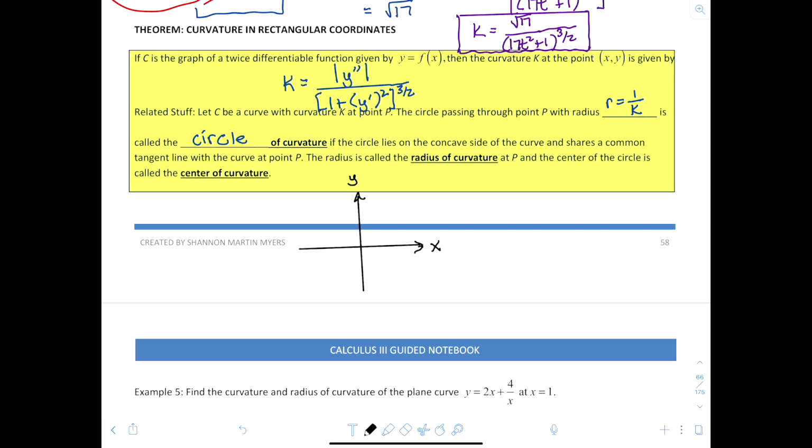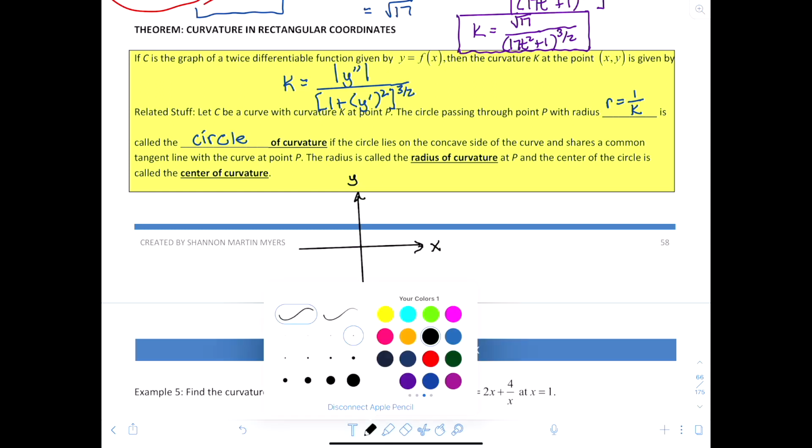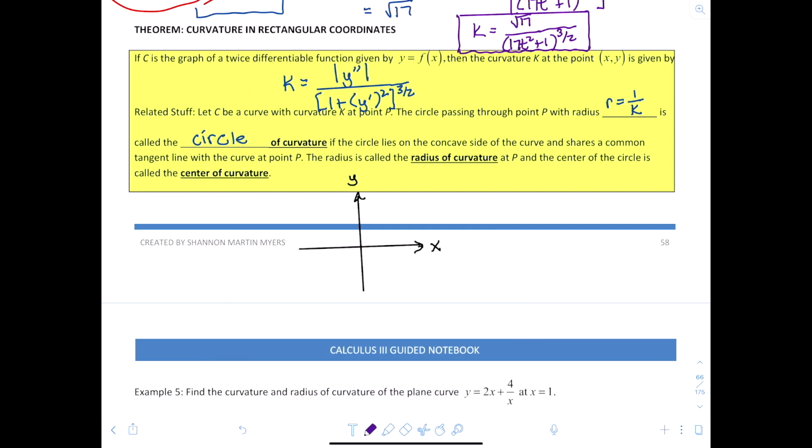And let's say you have some plane curve, and let's say it looks something like this, right?